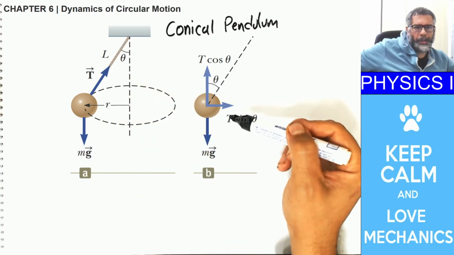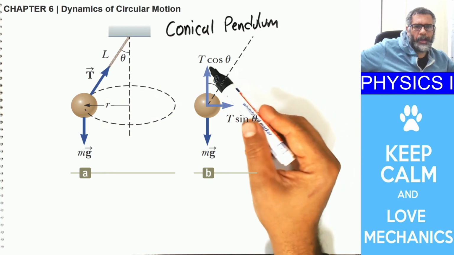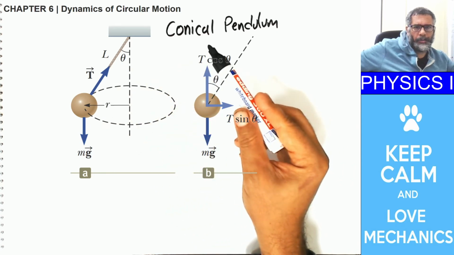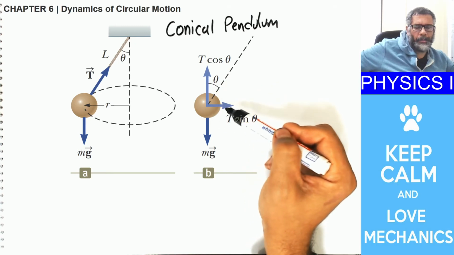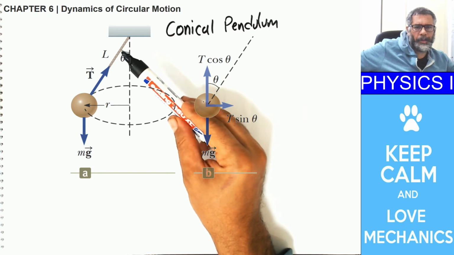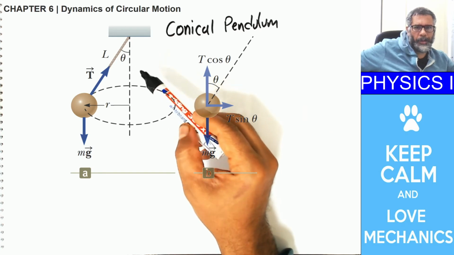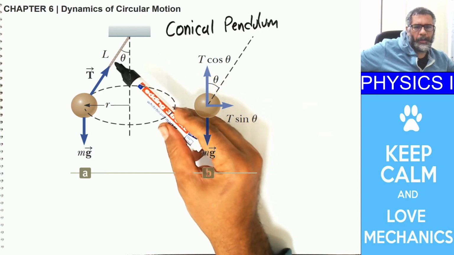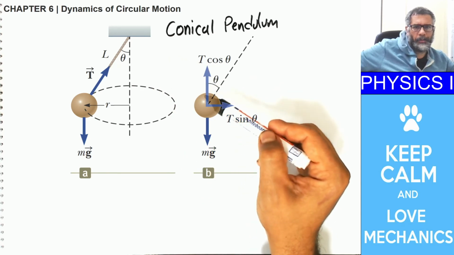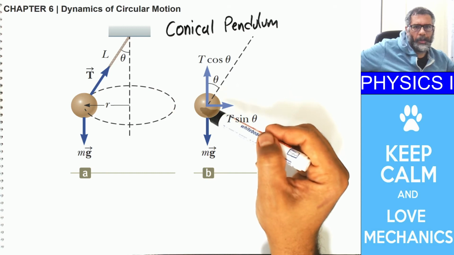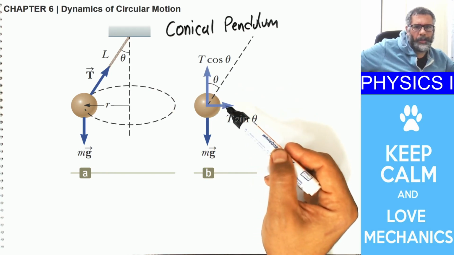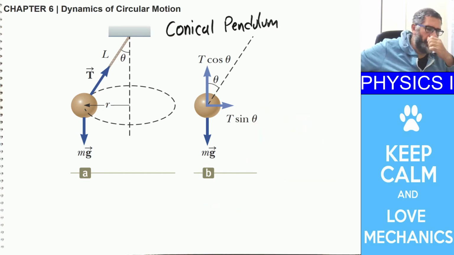On this picture you see the tension in the string is decomposed into vertical and horizontal components, and since the angle between the string and the vertical direction is theta, these components are T times cosine theta, being the vertical component of tension, and T sine theta being the horizontal component.